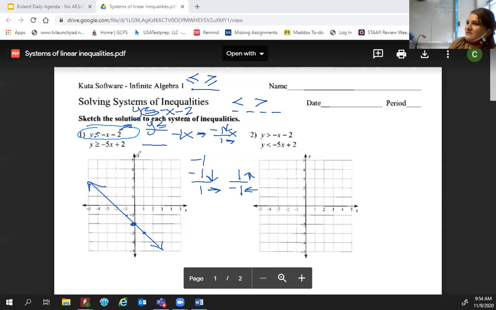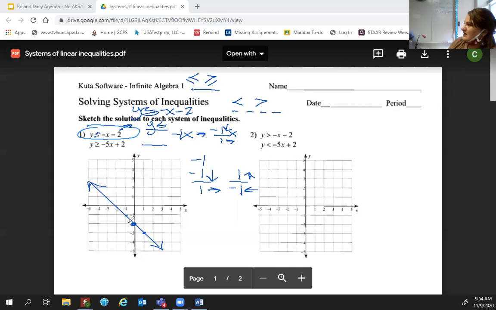Look at the values of y. Are the y values growing as we go up, or are they lessening? As we go up, they're getting bigger, right? So if we want y is less than, we would shade the bottom, because all of these numbers below are less than.